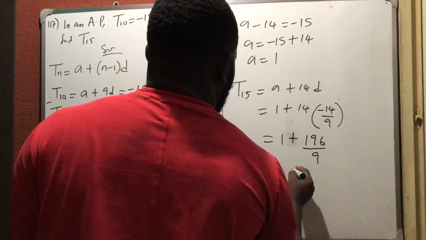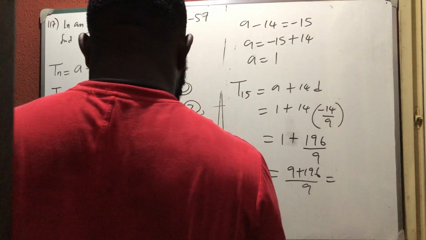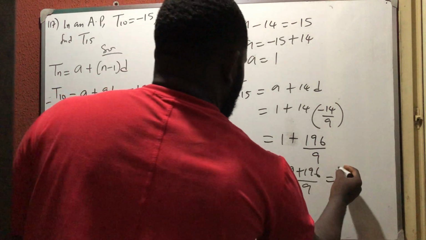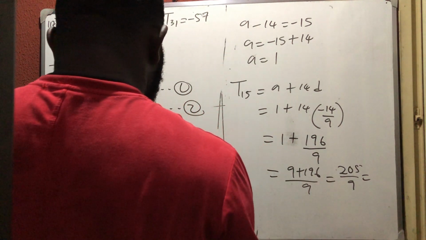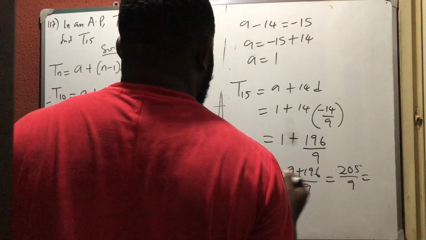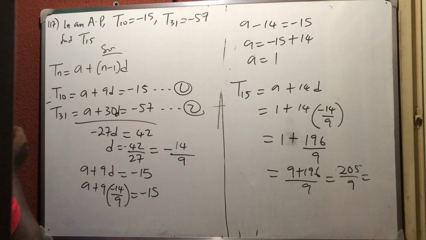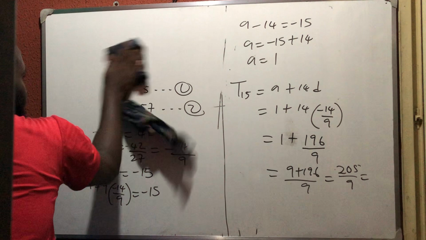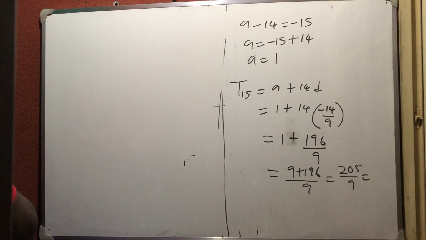So 9 times 1 is 9, plus 196 over 9, which is 196 plus 9, so 205 divided by 9. That is 22 point something. So that is that for that. Okay? So the next one. The option there is not correct. There is an error somewhere.